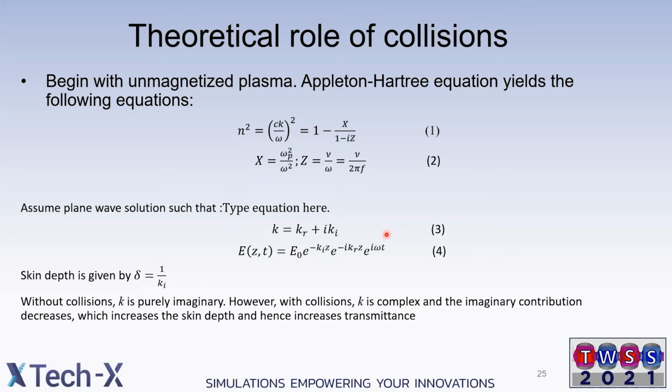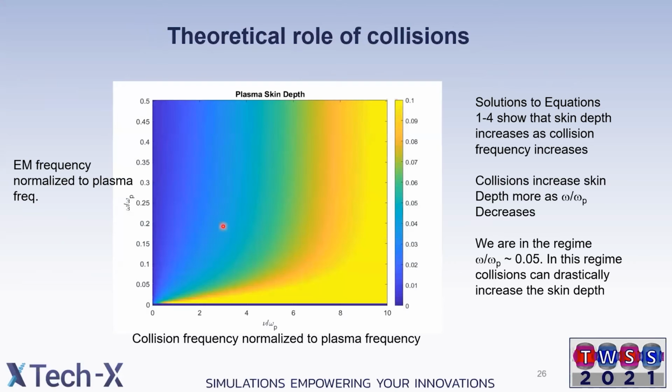Okay, so that's the theoretical role of collisions, and we plotted this. Actually, Mark Gurkowski plotted this. This is one of his plots, and this is a plot of omega over omega p. So this would be your RF signal frequency on the vertical, and this is your collision frequency on the horizontal, and we are way down here.